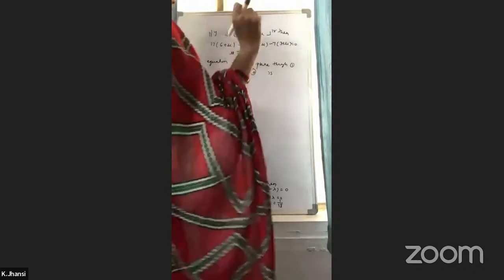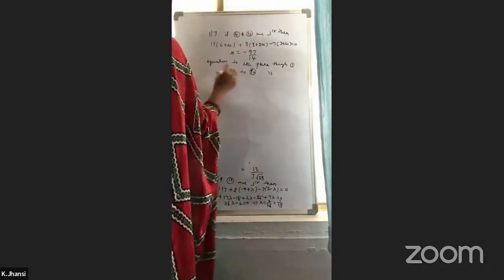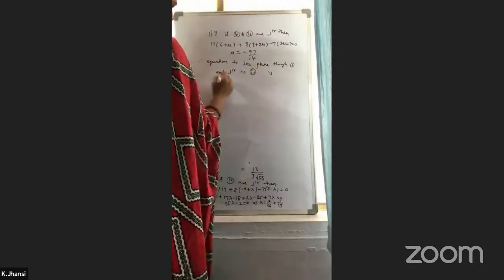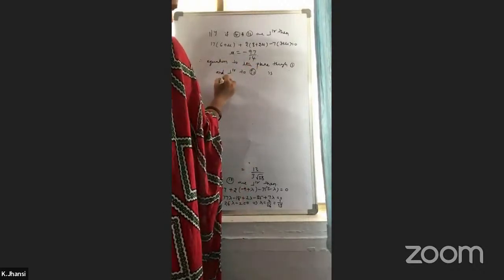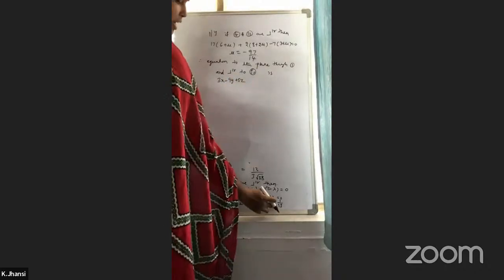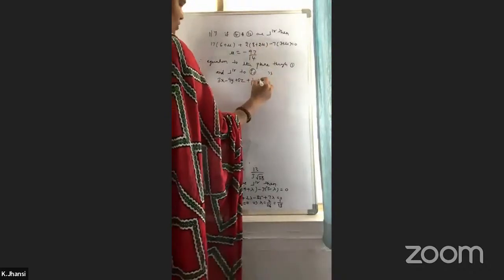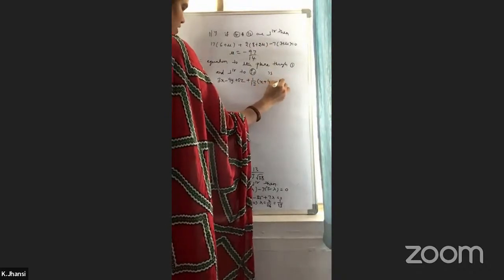Okay, there whatever the third equation is, there we are substituting the lambda value. So here 3x minus 9y plus 5z, and what we got here, lambda equals plus 1 by 13 into x plus y minus z equals 0.